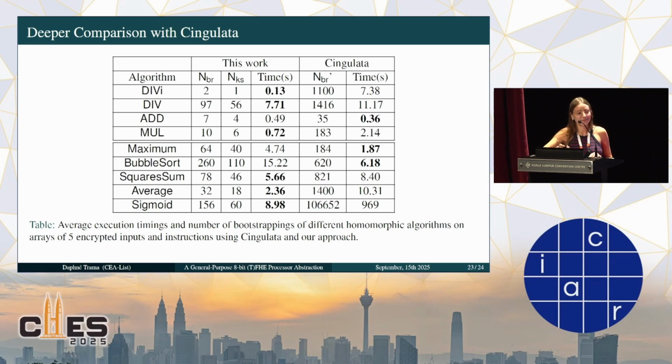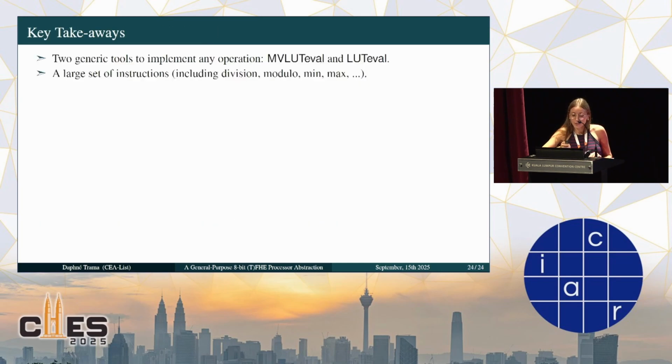Boolean gates, of course. And that's a conclusion, and I will leave you with some key takeaways. So we propose 2 generic tools to implement any operation. These tools are Latival and MVLatival, and with these tools we managed to implement a large set of instructions, including difficult FHE instructions and FHE-friendly instructions.